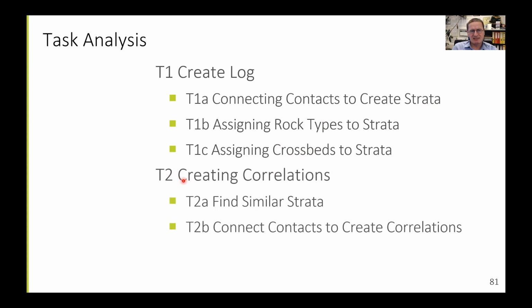The second task is to correlate these logs with each other, find similar strata, and connect these together. And the third one is not so interesting from a scientific point of view for visualization. It's the vertical alignment and export, so that later on the domain experts still have the information digitally as SVG graphics so that they can handle it with their own tools.